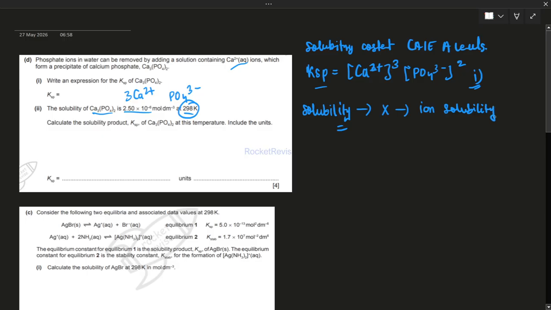Normally you'd expect to have the concentration of ions that the precipitate is formed from, but if you don't, you just use the value of solubility that they give you for the entire compound.